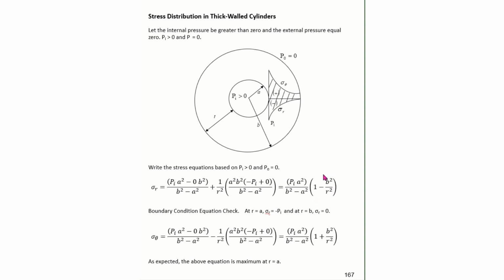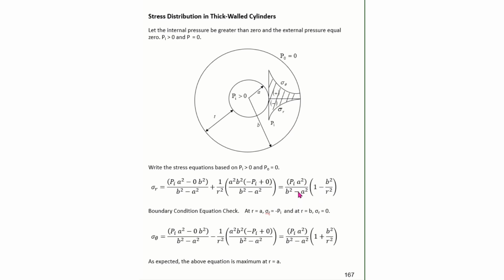Now we ought to be able to check our boundary conditions and make sure that this equation satisfies them. We know that at R equal to A, which would be at the inside surface, this expression better equal negative PI. So if I put in A squared here, I have 1 minus B squared over A squared.